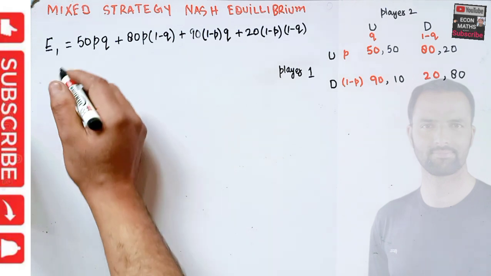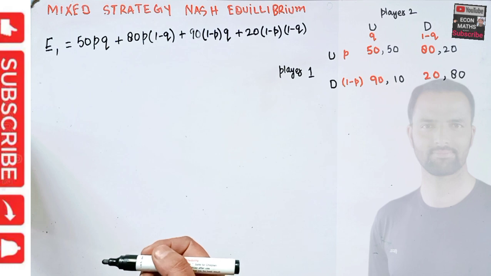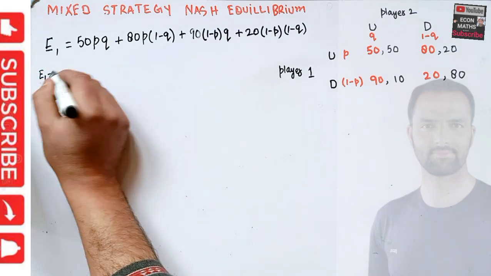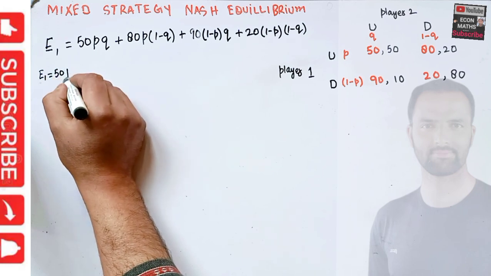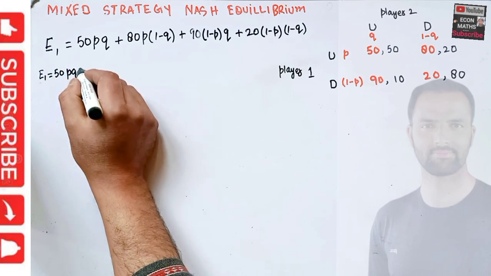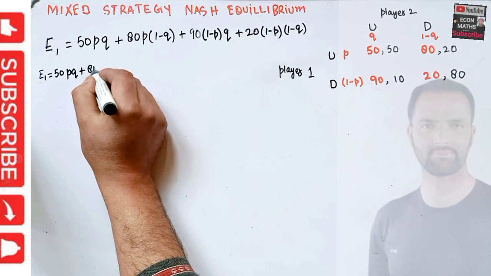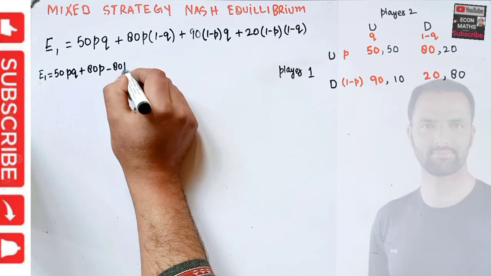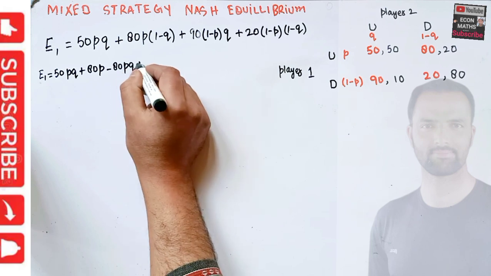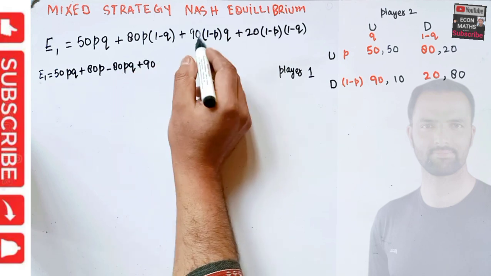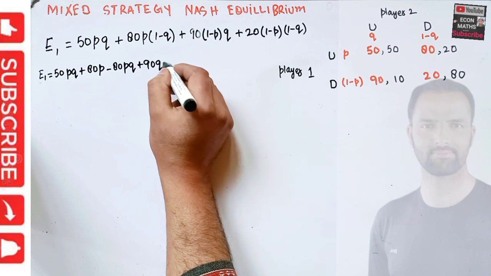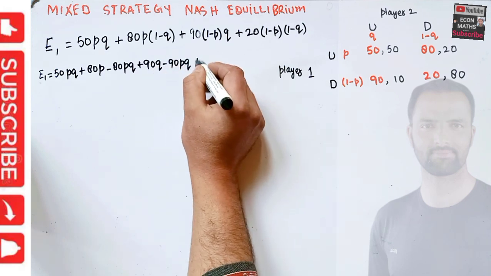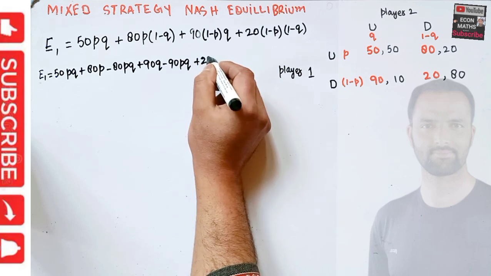Let's try to solve this out. So E1 will be equal to 50pq plus 80p minus 80pq plus 90q minus 90pq, plus we have 20.